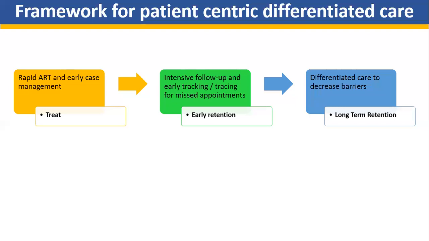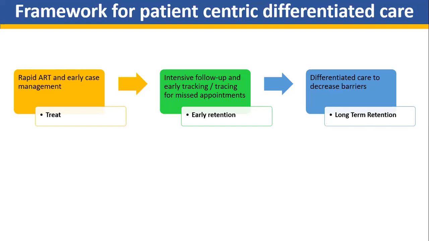So this framework for patient-centered differentiated care describes the patient-centric strategies for a package of services anchored in the life cycle of people living with HIV, and patient-centric strategies to augment retention.